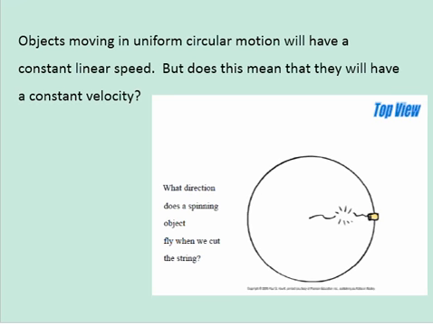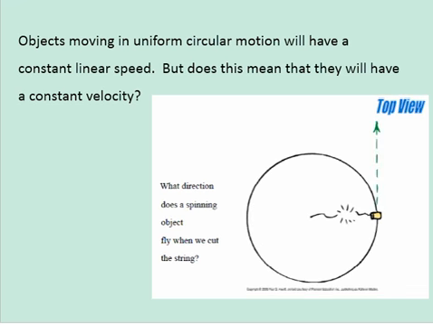What happens if the string broke at any one instant? Well, if that's ever happened to you, you know that the rock flies off that circular path in the direction it was almost going at that point. What we find is the direction that the rock is actually moving is tangent to the circular path. Remember that a tangent line touches a function, or in this case a circle, at only one point.